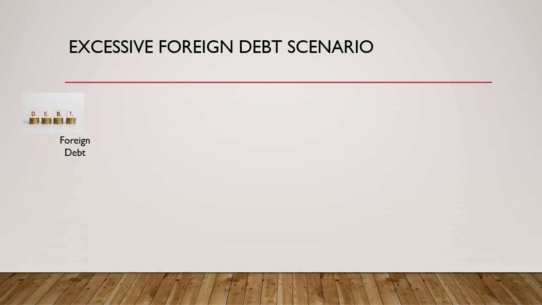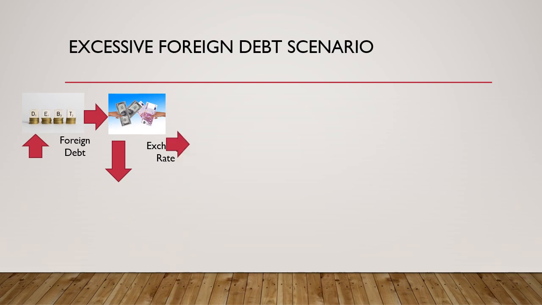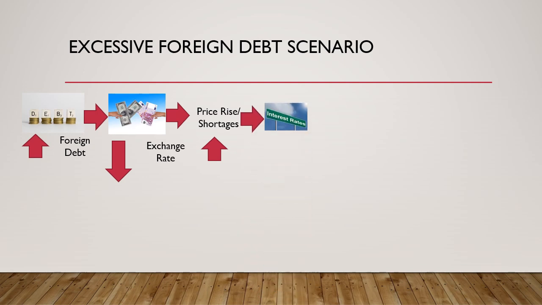That means the country will keep on piling up increasing levels of foreign debt, which implies that the exchange rate of the domestic currency will continue to fall, leading to imported price rise and overall price rise in the economy and shortages building up in the economy. Overall, leading to an increase in the interest rates of the economy.